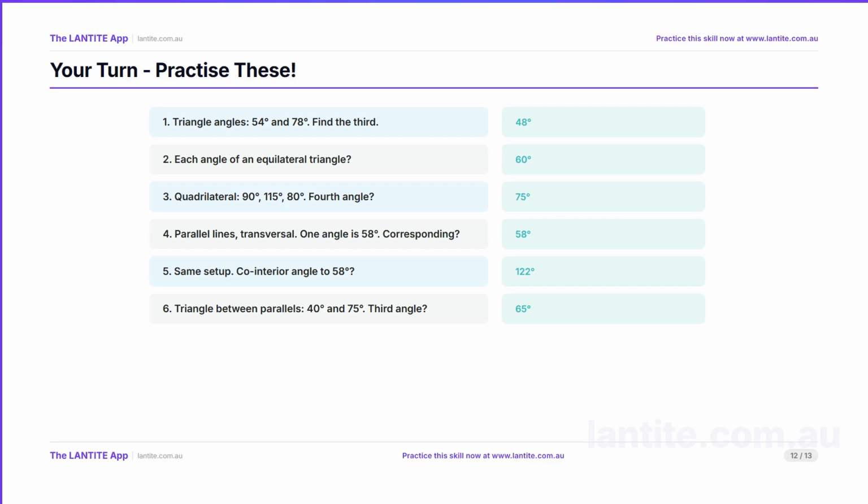One angle is 58 degrees. What is the corresponding angle? Problem 5. Using the same setup, what is the co-interior angle? Problem 6. A triangle between two parallel lines has angles of 40 degrees and 75 degrees. Find the third angle. Check your answers on screen.